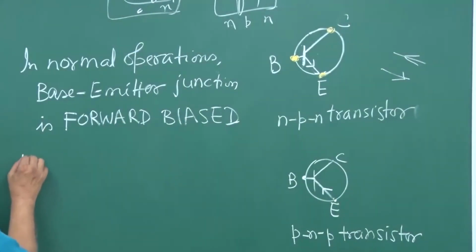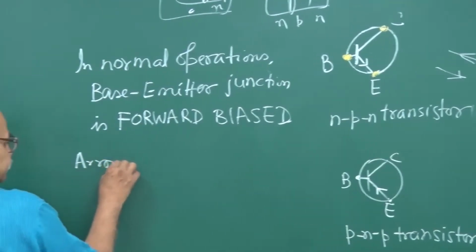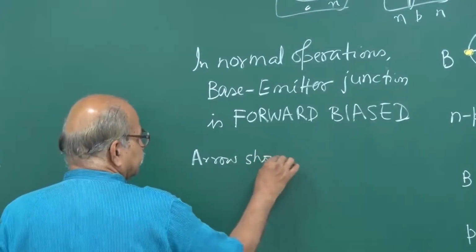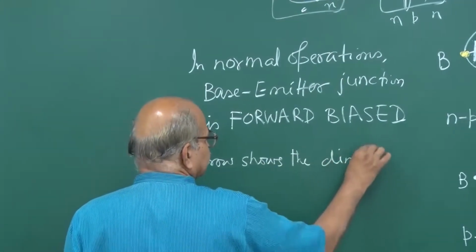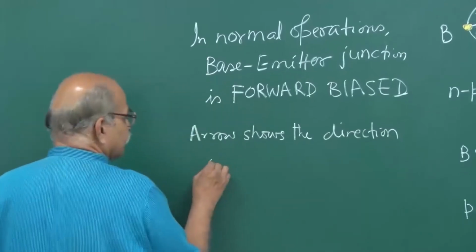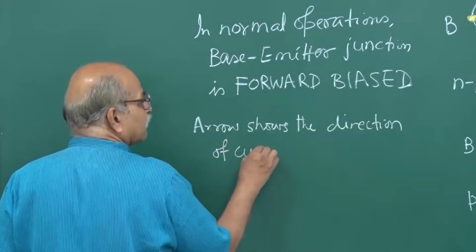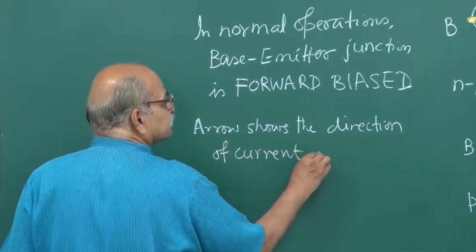Then the arrow shows the direction of current at this junction.